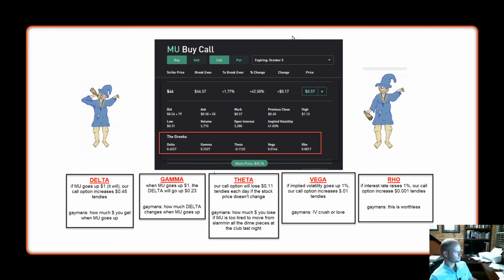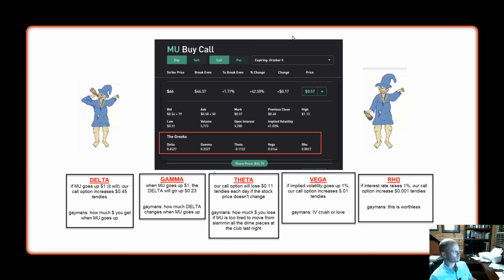Honestly, you really don't need to spend a lot of time on them. Just don't get too caught up in them, because they're not really that important for the type of trading that we do.